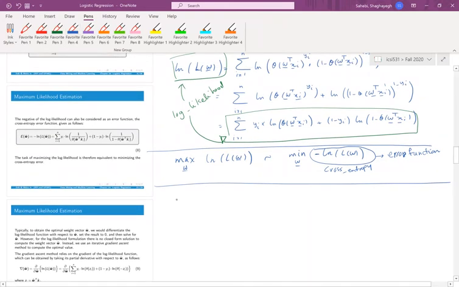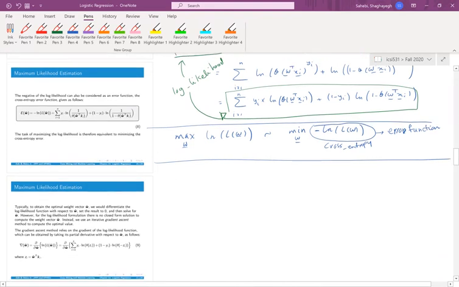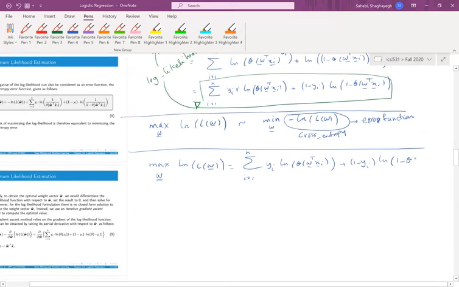We would like to find the W that maximizes ln of L of W, which is equal to the sum from i equals 1 to n of yi ln of theta of W transpose xi, plus 1 minus yi times ln of 1 minus theta of W transpose xi.